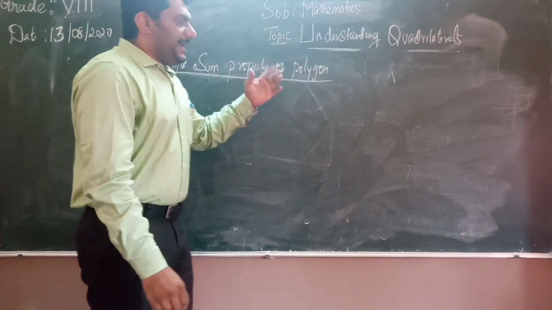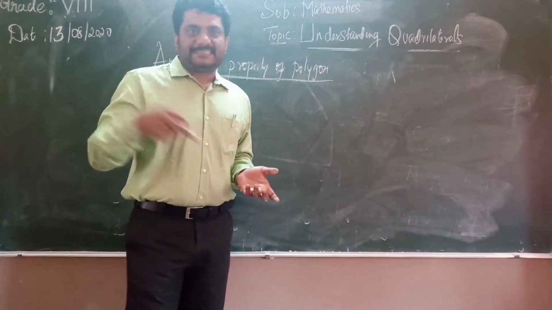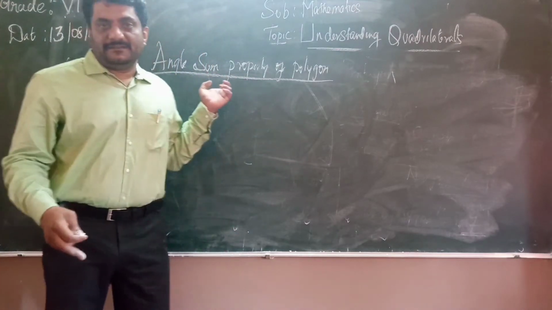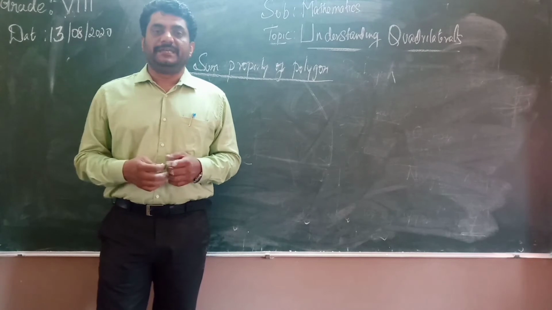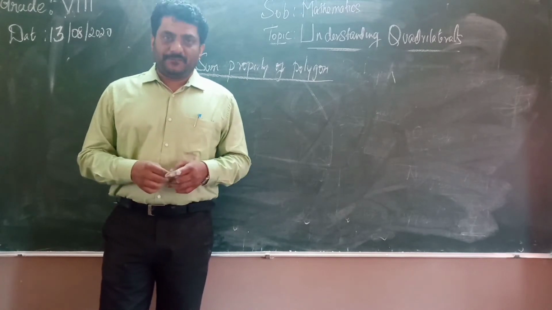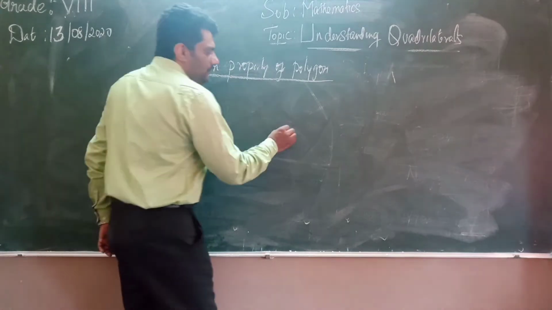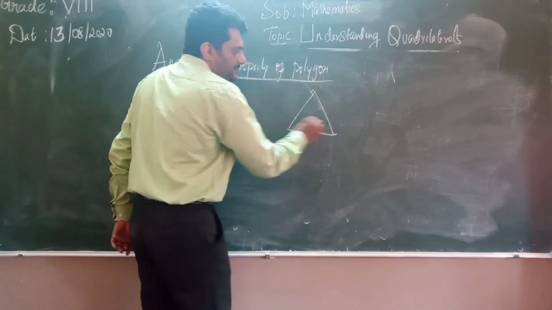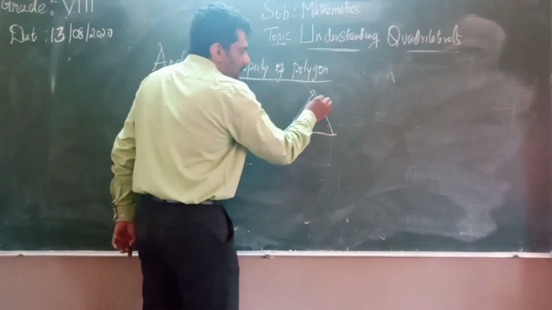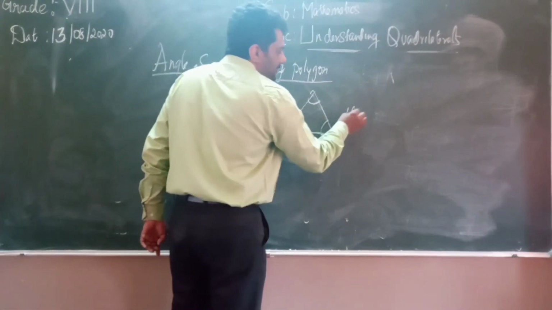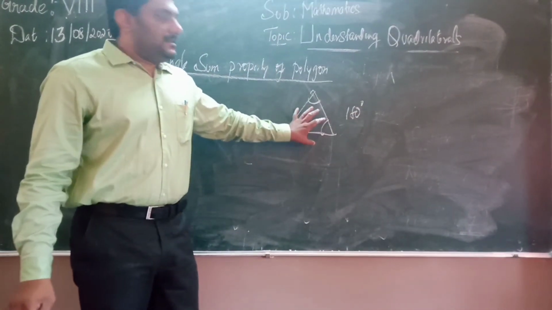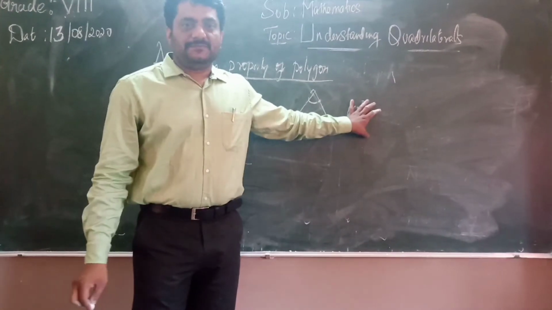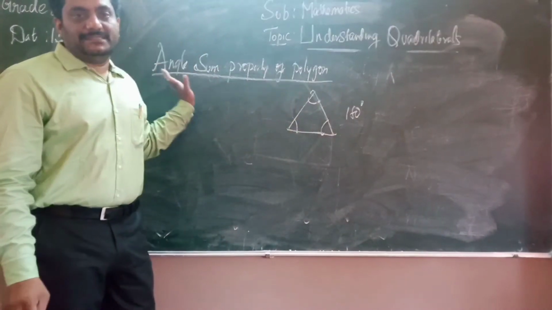That means in a polygon, if you add all the interior angles, how much do we get? In our previous classes, we know that if I have a triangle, when I add all these angles, I will get 180 degrees. We already learned this one. So based on this concept, we have to derive.